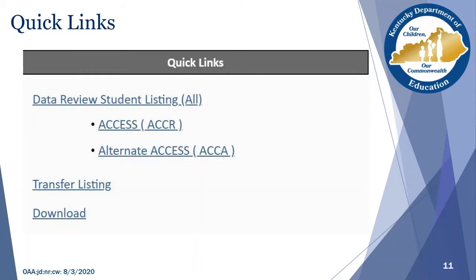Transfer listing, you'll be able to see, like I said previously, who is transferring 100-day students in and who you're transferring students out, that the other districts, the other DACs, will be able to see when they log into SDRR and see their particular transfer listing.